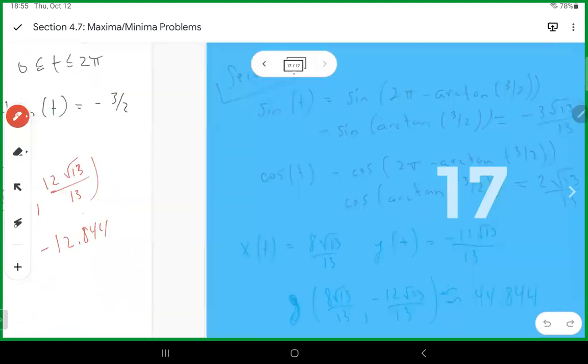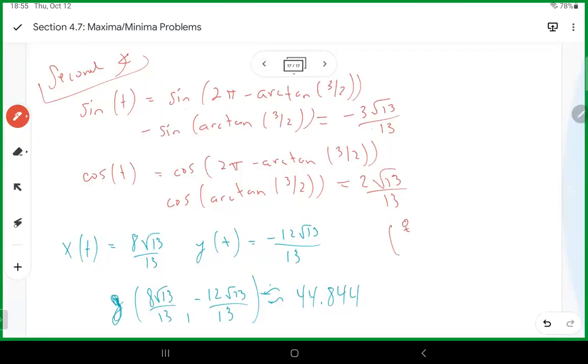So that's going to be 8 square root of 13 over 13 and negative 12 square root of 13 over 13. That's going to be your absolute maximum.